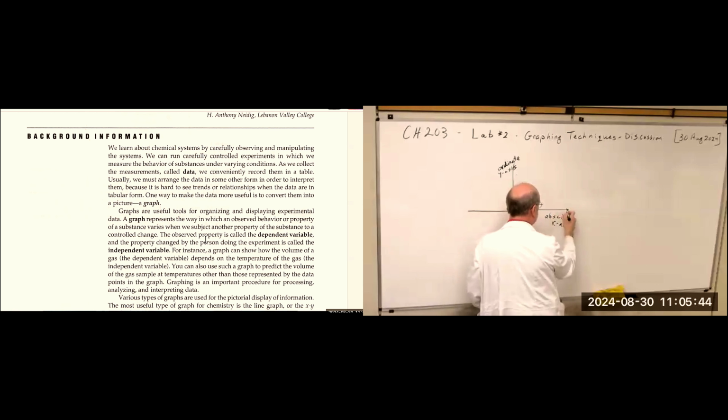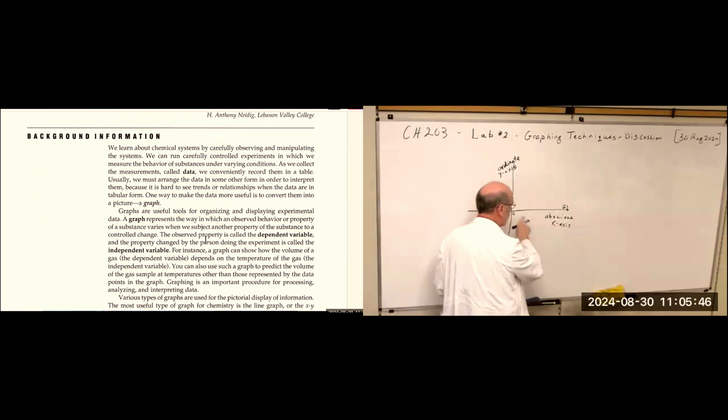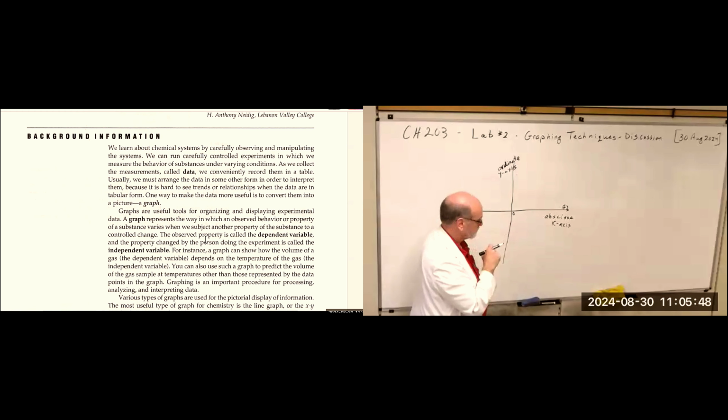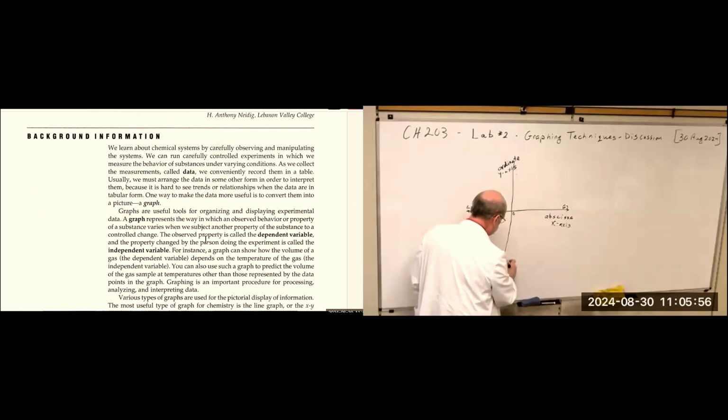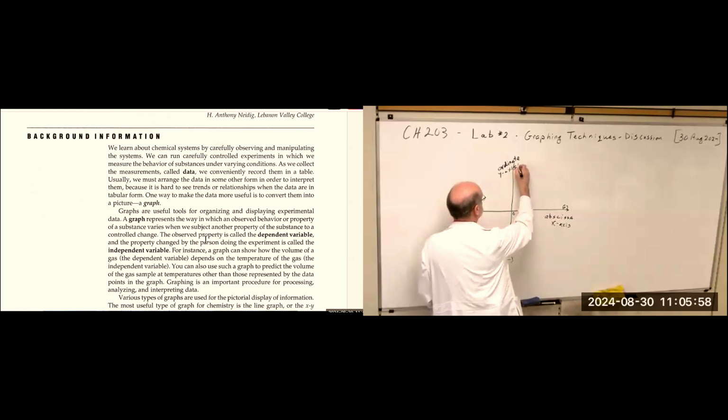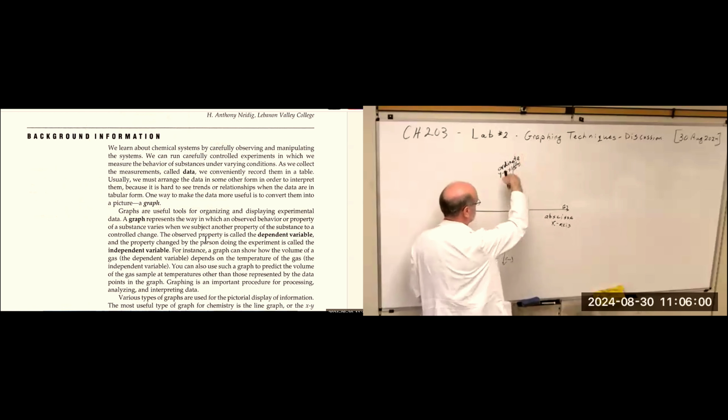This is all positive. Those are positive values. These are negative values going in this direction because we start at 0. That means these are negative values and these are positive values going that direction.